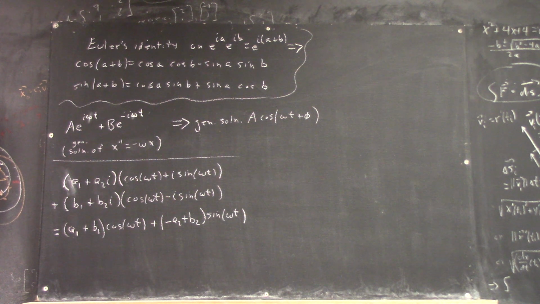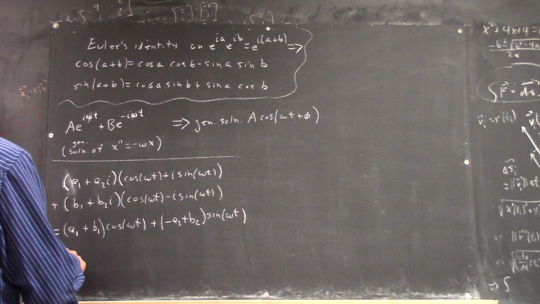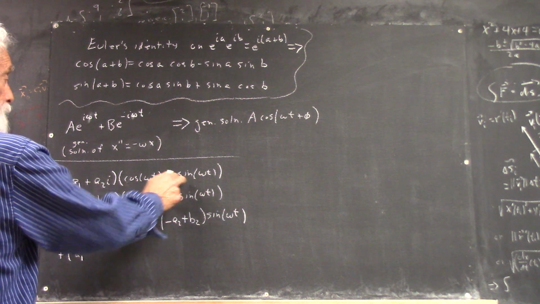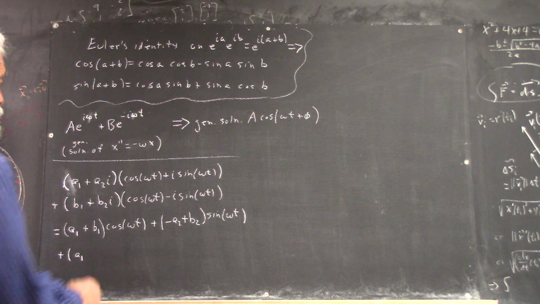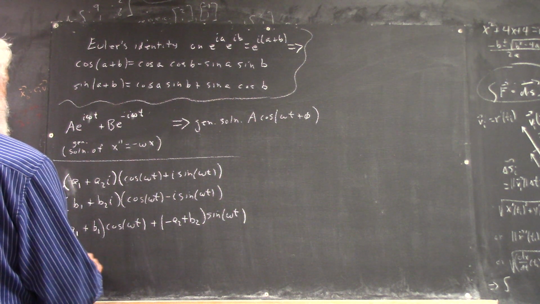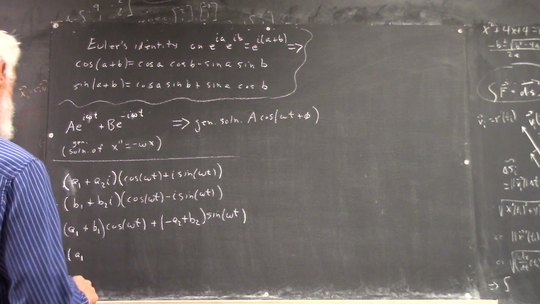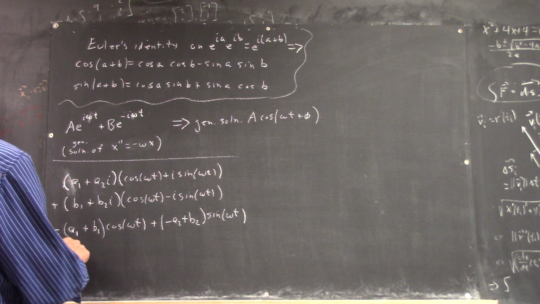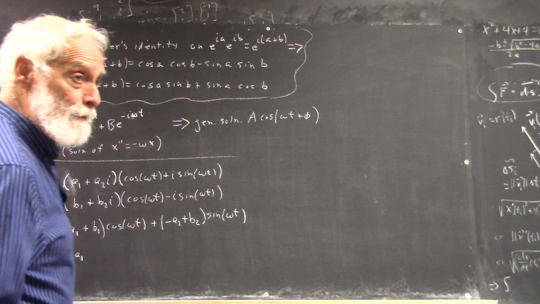The imaginary part is easy enough. You have A1 times i sine omega t, and an A2 times cosine omega t. We'll just put the i in the bigger parenthesis.